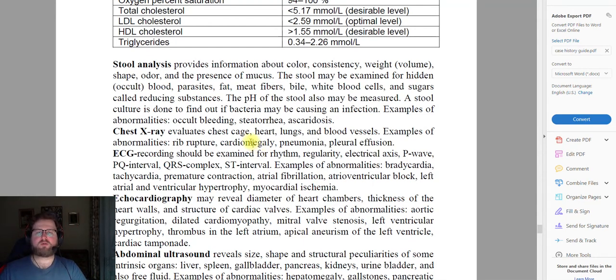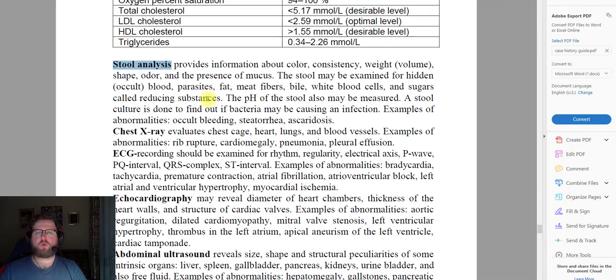Let's, for example, see what's also written in here. Stool analysis. Do we need to know that? Well, definitely no. If we do not suspect that this patient has some intestinal infection, it may be so, because there are certain intestinal infectious diseases which can mimic acute abdomen syndrome.